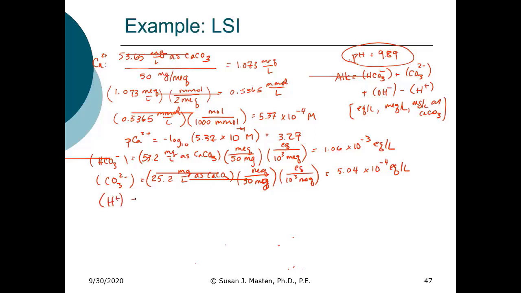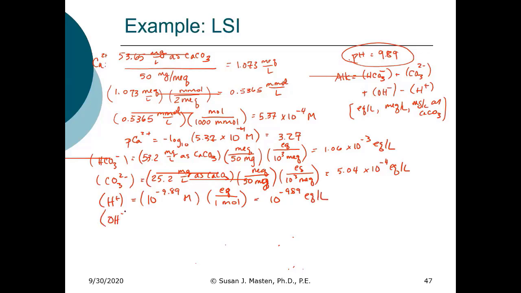H plus is equal to 10 to the minus 9.89, and that's in molar units. And there is 1 mole per equivalent for H plus. So this is 10 to the minus 9.89 equivalents per liter.